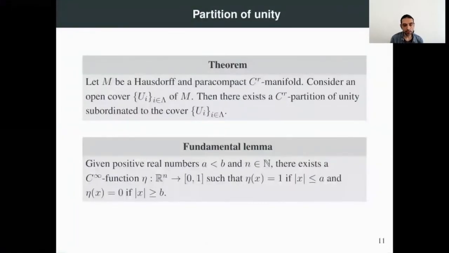And we are going to use the following fundamental lemma that we are going to assume is known.